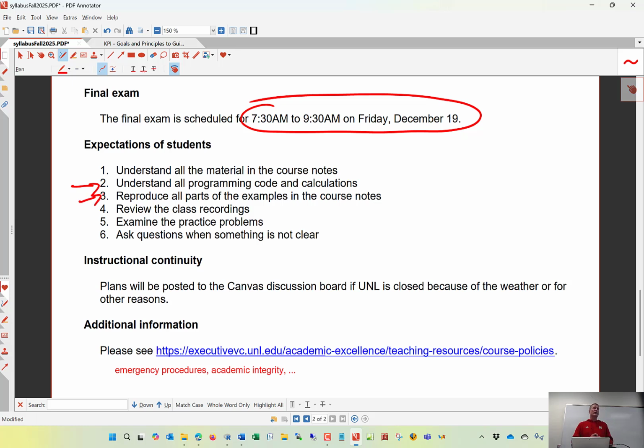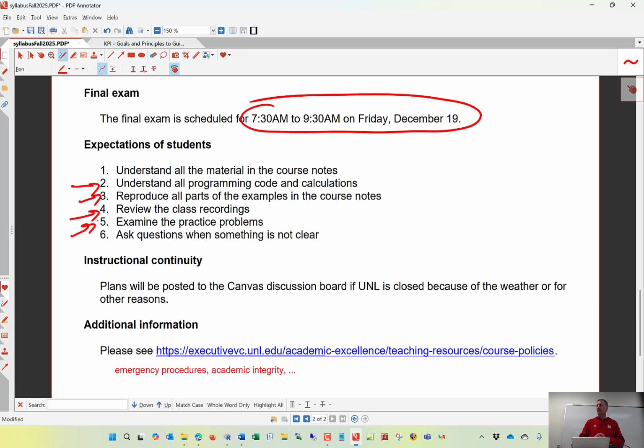A great place to start learning in this class, let's say after you get done with a class period, is to go home or go to your office and start reproducing the examples that I've done in the notes. If it's code, go through it line by line, for example. Review the class recordings as needed.